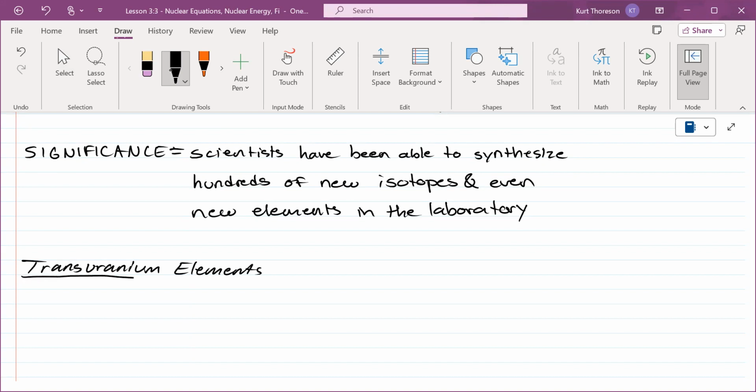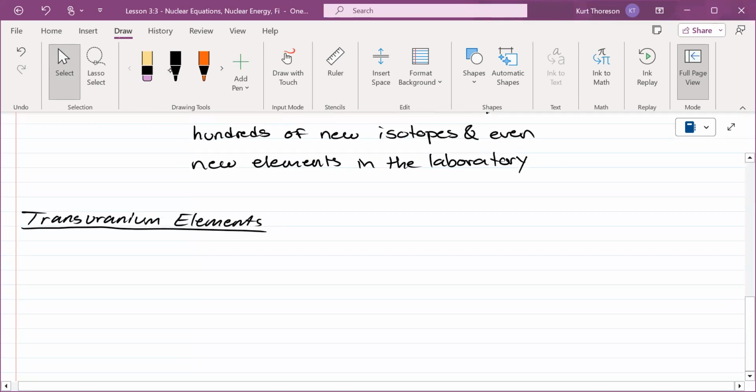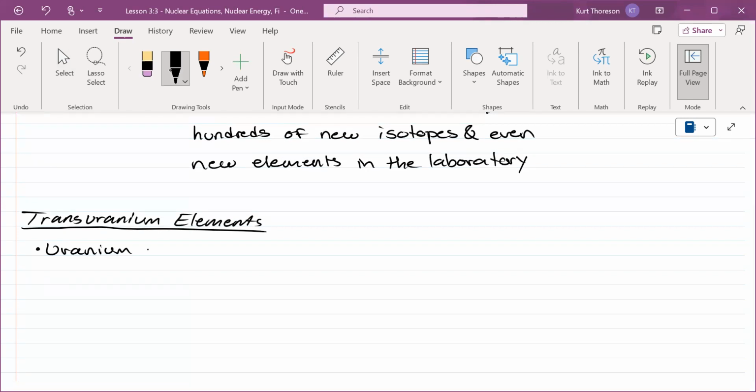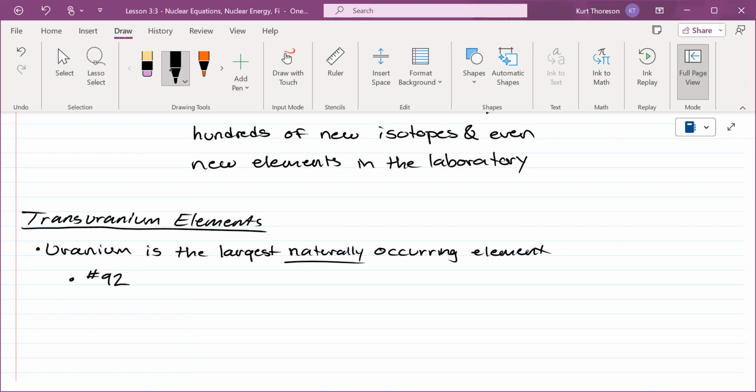And there have been a decent amount of these elements that have been created during your lifetime. New elements. Uranium is the largest naturally occurring element. It is number 92 on the periodic table.